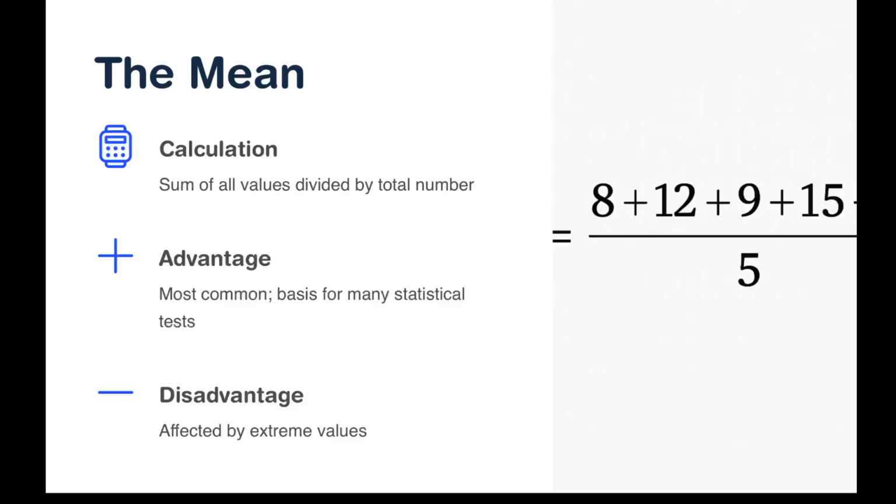But when there are extreme values, they will obviously affect the mean. If there are outliers, they will add up to the mean and it can misconstrue the central tendency.